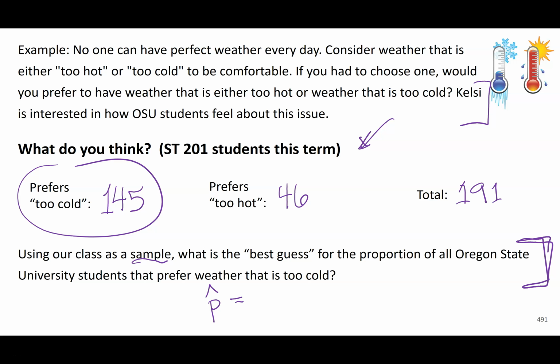I'm going to have my number of successes, so that's 145, because I'm interested specifically in the category where people picked too cold, out of the total number of people in my sample, so 191. I'm going to round a little bit here. Should get about 0.759.